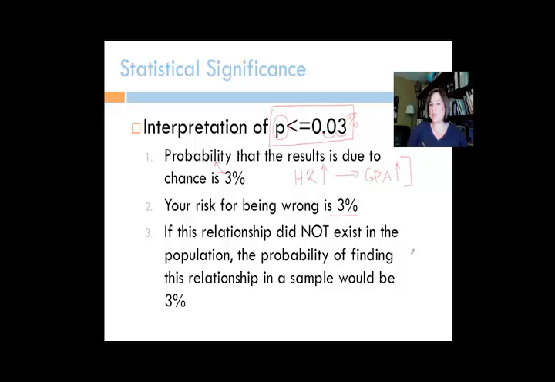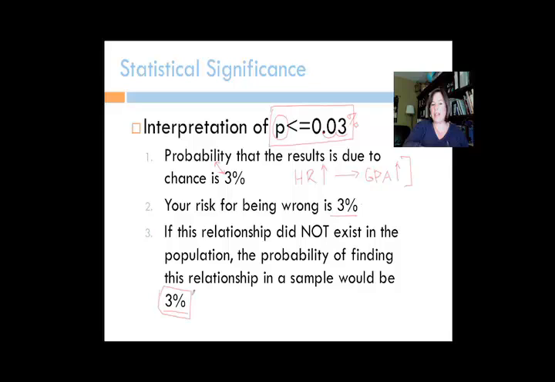Finally, if this relationship did not exist in the population, the probability of finding this relationship in a sample would be 3%. So that's really low. If it doesn't exist in the population, we don't have a very high level of probability for finding it in our sample, in any sample.